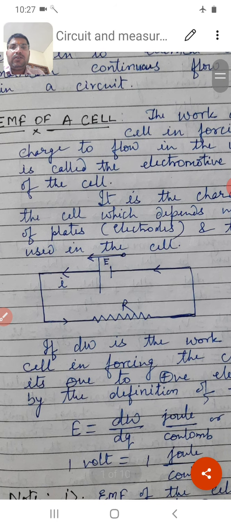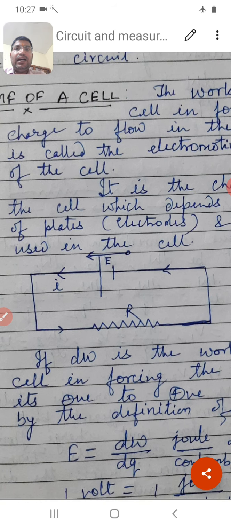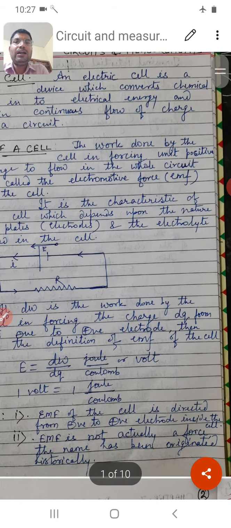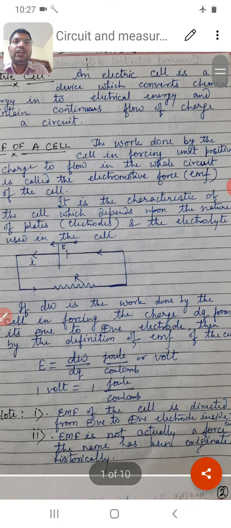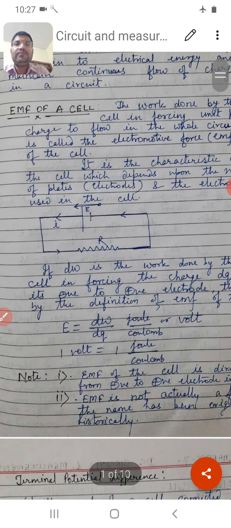If there be some charge and this charge is flowing throughout the complete circuit, then in order to force it to move throughout the circuit, the cell has to do some work. And according to the definition of EMF of the cell, the work done by this cell in forcing unit positive charge to flow in the whole circuit is called electromotive force of the cell.